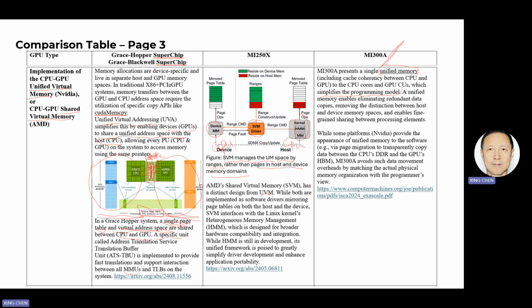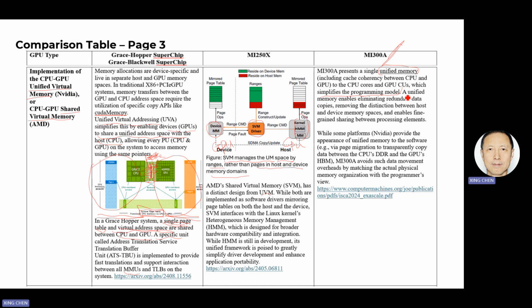Things are so much simpler. You have only one unified physical memory, only one virtual memory space, and only one virtual memory to physical memory translation mechanism, which is the page table.